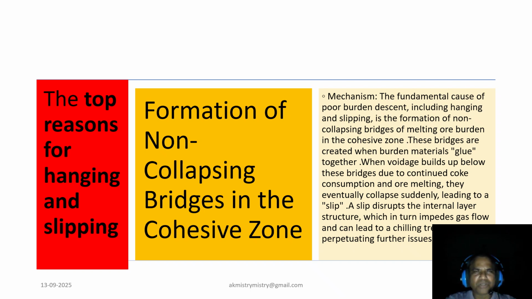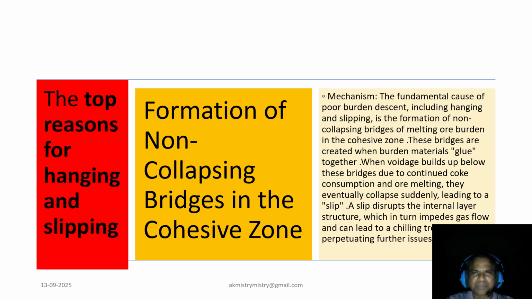So the fundamental cause of poor burden descent, including hanging and sleeping, is the formation of non-collapsing bridges of melting burden in the cohesive zone. This glued burden material creates voids below them, eventually collapsing suddenly in a slip.